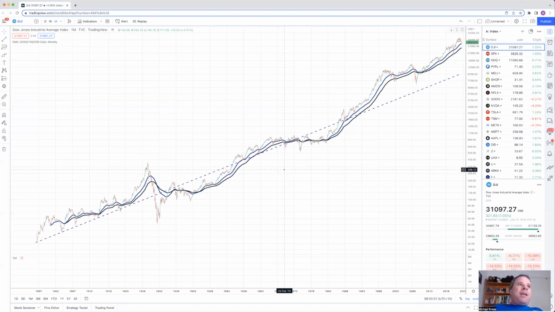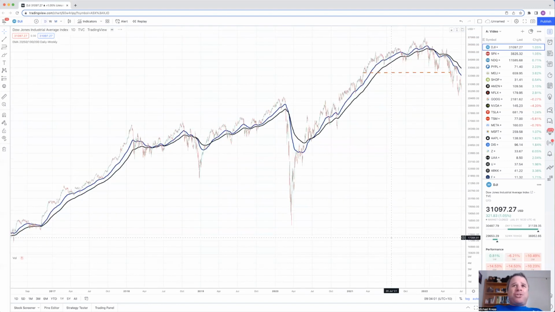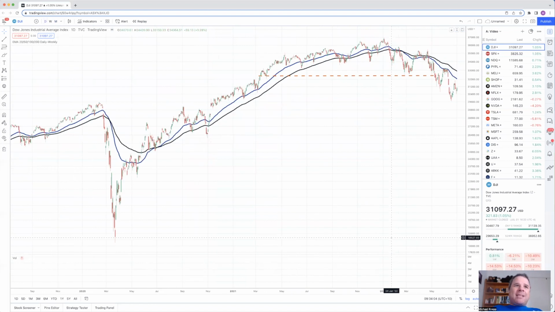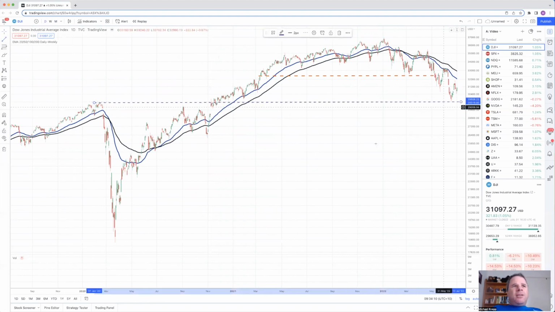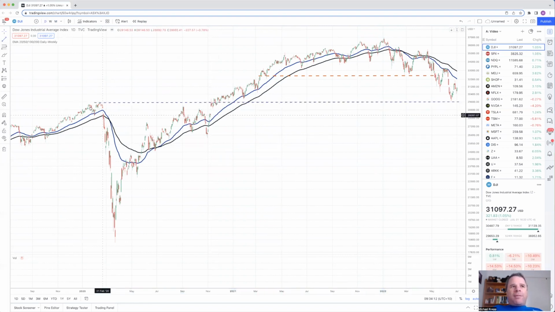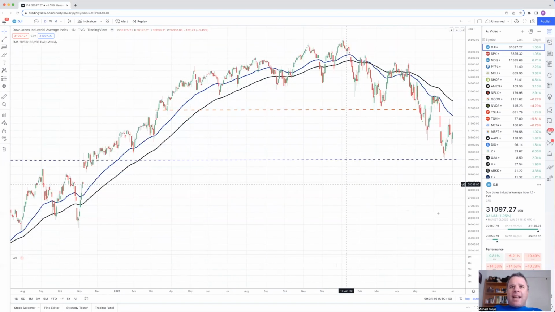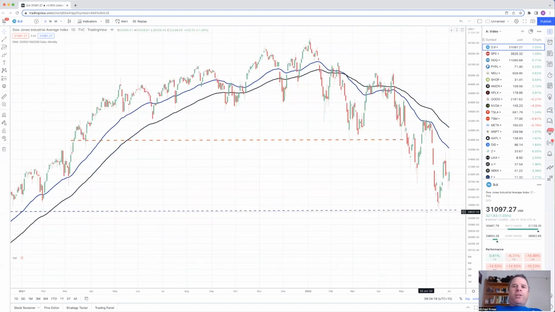But again, the main thing with the Dow Jones, if we look at the daily chart, is that it's in a downtrend. Not quite as bad as the Nasdaq, but if you draw a line from the pre-COVID highs, which is right on 29,600, we have seen the Dow bounce off the pre-COVID highs.